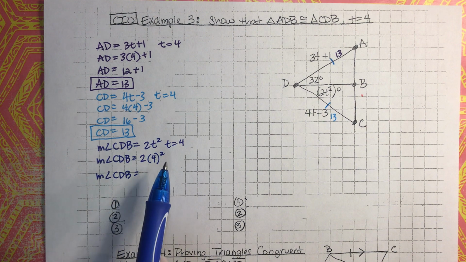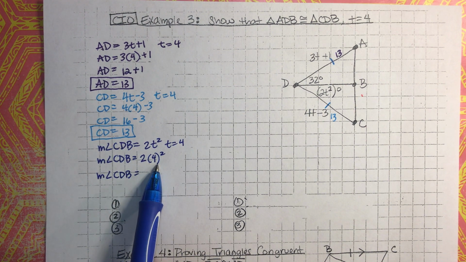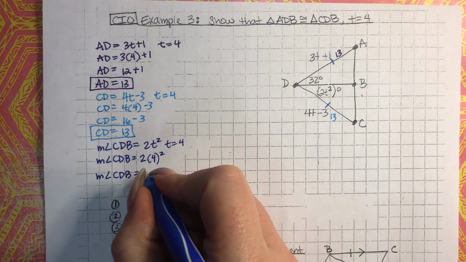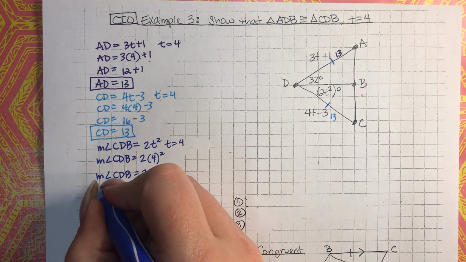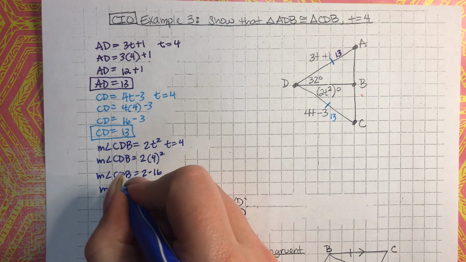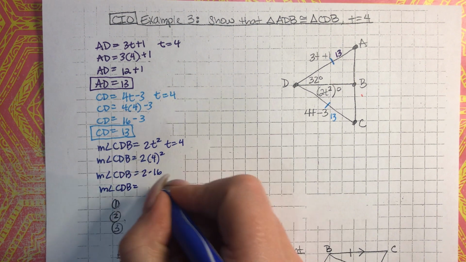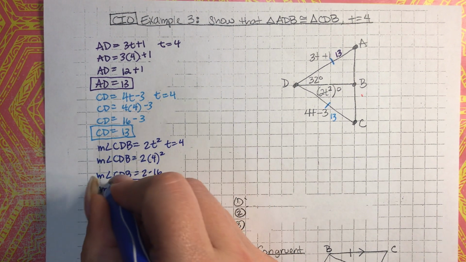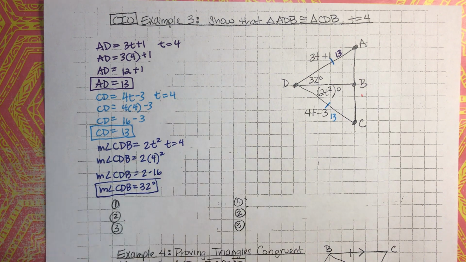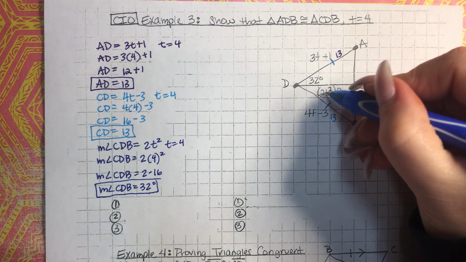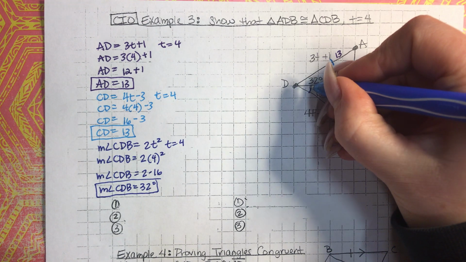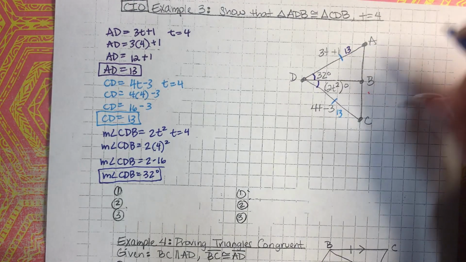We got to do order of operations, which states we have to do that exponent first. 4 squared is the same thing as 4 times 4, which would be 16. So we're left with 2 times 16, which means the measure of angle CDB is equal to 32 degrees. Okay, which is the same as this angle, so that means that these two angles are the same.